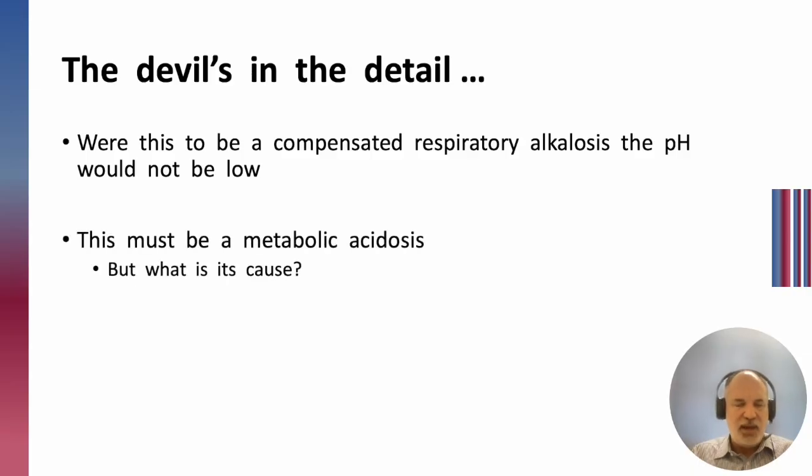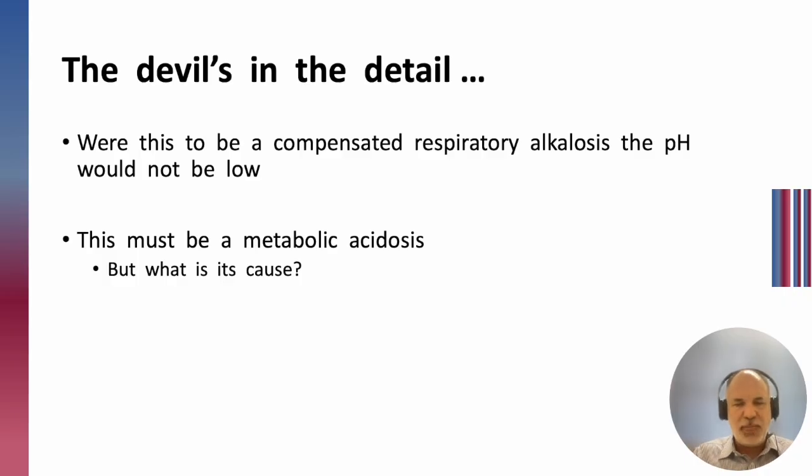This must be a metabolic acidosis, but obviously the big question is, what is its cause? And in the little clinical vignette, we've got an HIV positive patient who's on stavudine, a drug that's known to be associated with acidosis. The patient has also had therapy with normal saline, so we could have a hypochloremic acidosis.